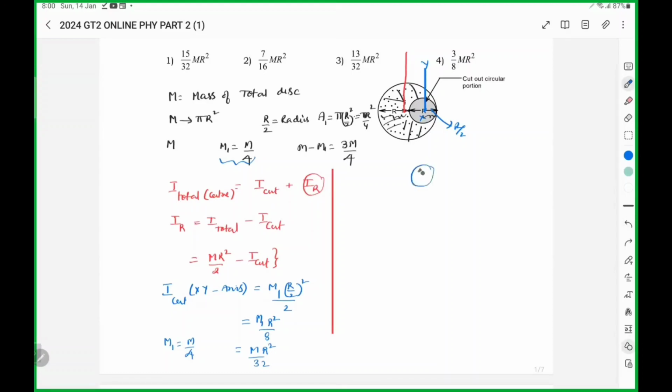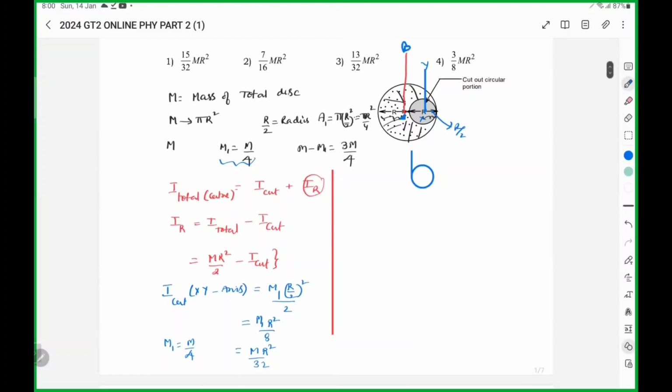But we have to find its moment of inertia about the tangent, this axis, let us say AB. The moment of inertia about AB will be, using the parallel axis theorem, I equals I C plus m d square.